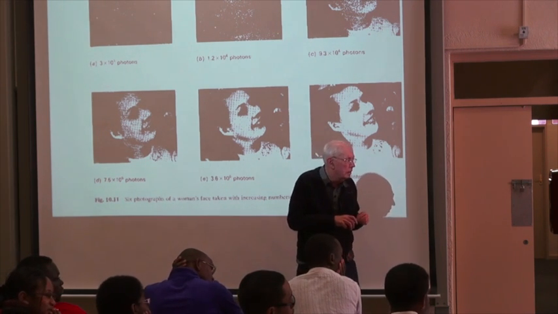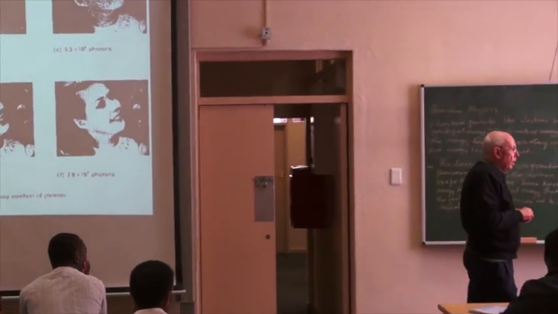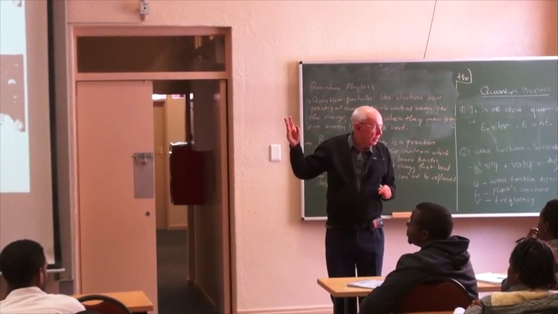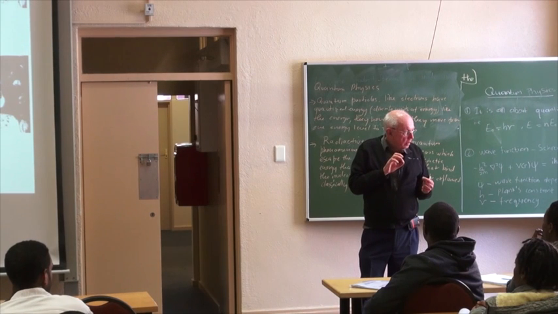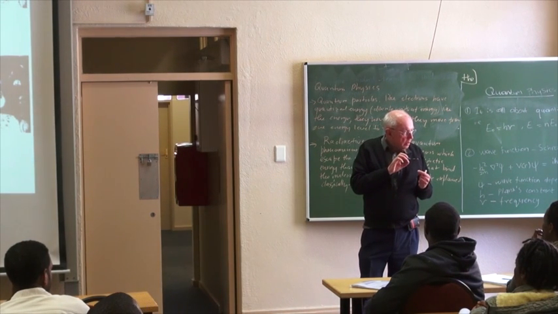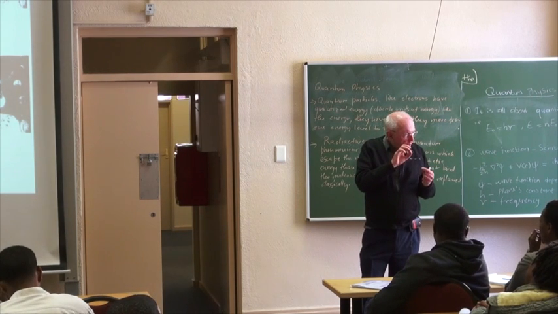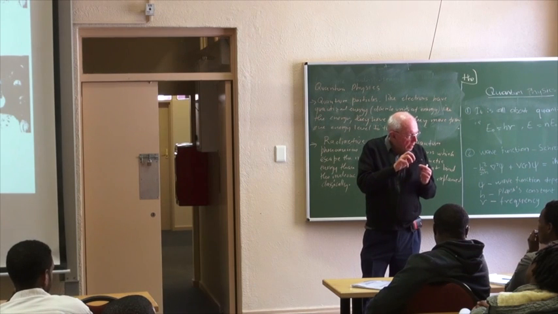What is the difference between the photon and the pixel? This is why you can do these things so nicely these days. A photon is something which is light itself, and it hits a pixel and it changes the color of that pixel. It interacts with one pixel.